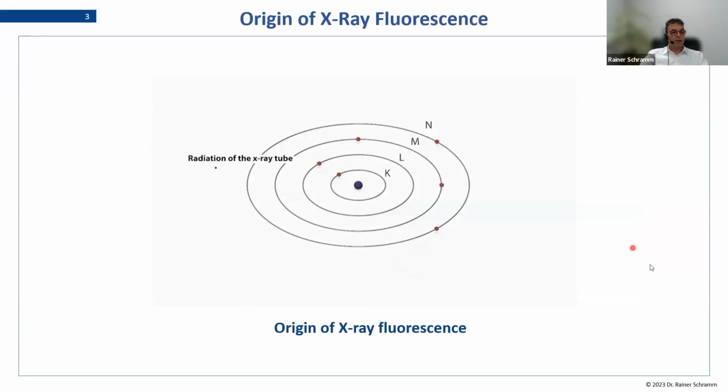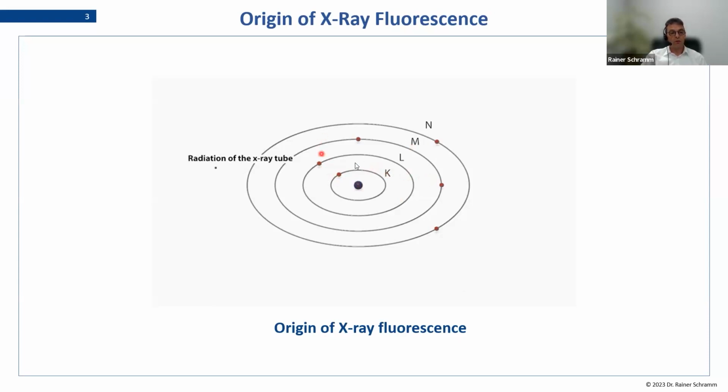So we all start with the origin of X-ray fluorescence. X-ray fluorescence is produced by irradiating your sample with an X-ray tube normally, and then some of the inner electrons will be taken out of your atom. That means the atom is ionized.